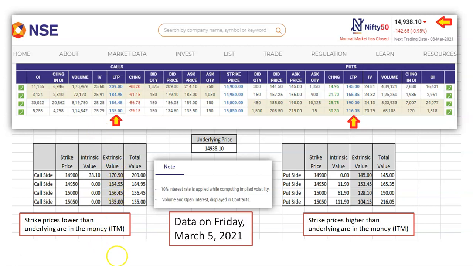Now, why will people pay this extra price for implied volatility? Because if you take out the intrinsic value and the time value of money, then the rest is the price driven by implied volatility. Why would people pay so much?